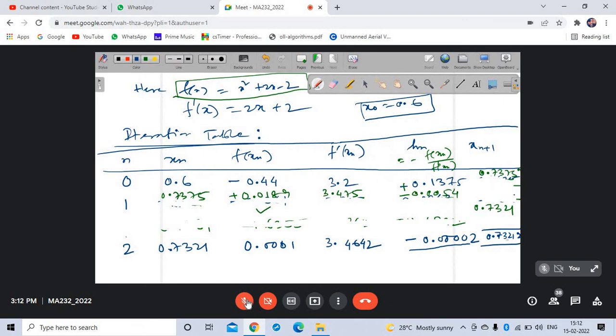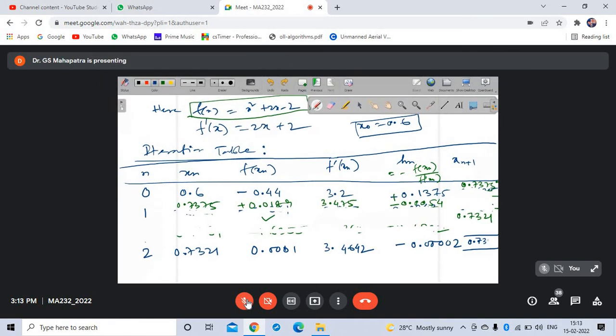It will be 0.73208, I think. 0.73208. 0.73207. Okay. We can stop here.